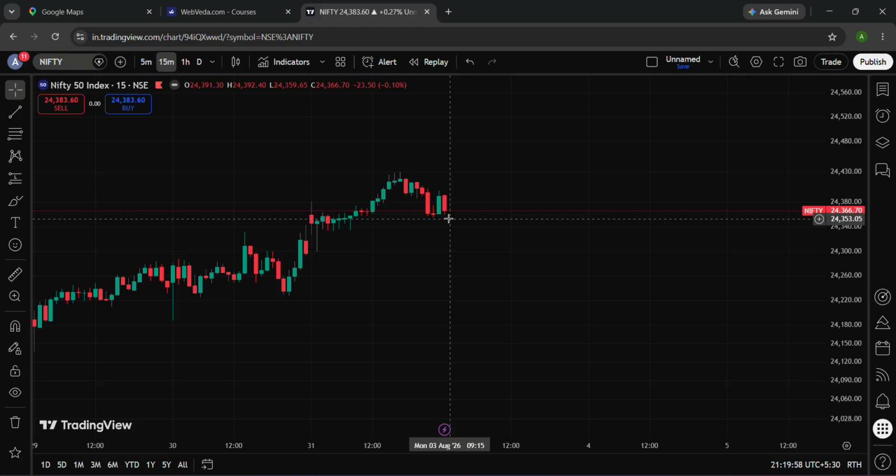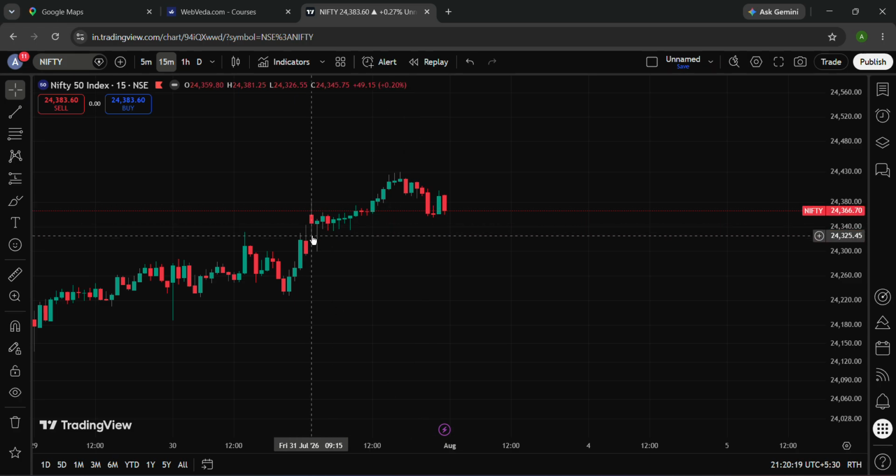If I plot an EMA right there, what will the EMA do? It gives the previous candle more weightage, then the next candle a little less weightage, and so on.